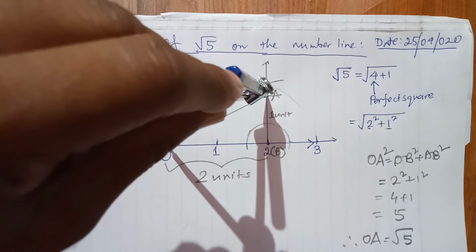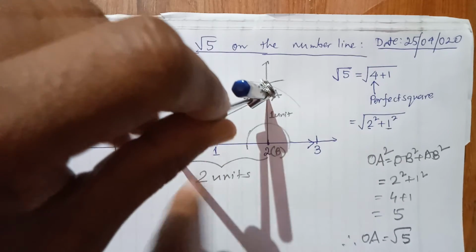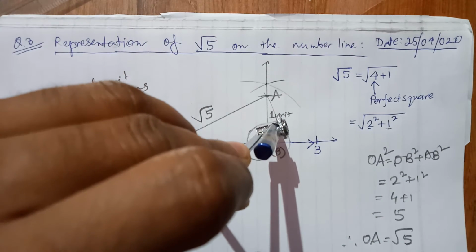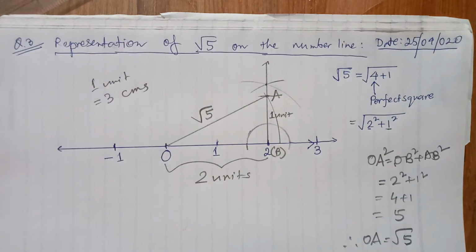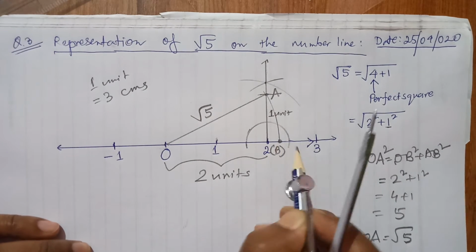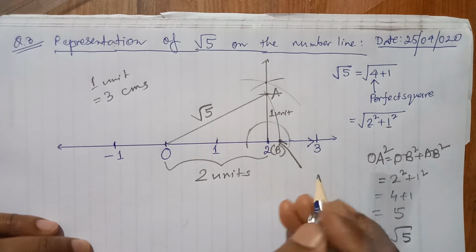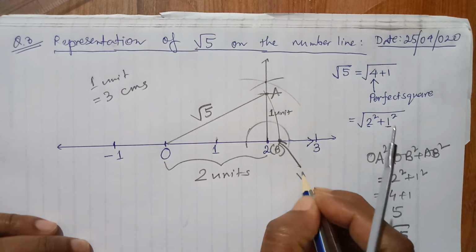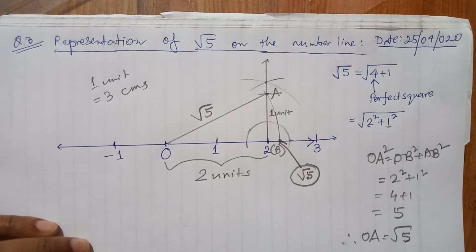Take this radius and draw one arc. See the arc intersecting the number line here. So this point will represent your root over 5. So hope you have understood.